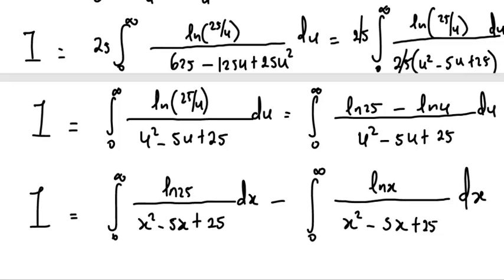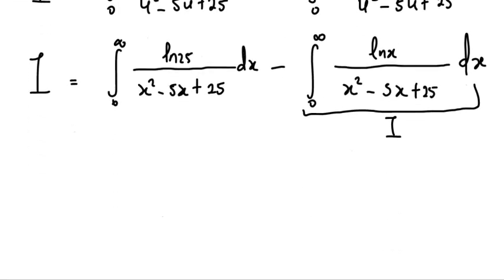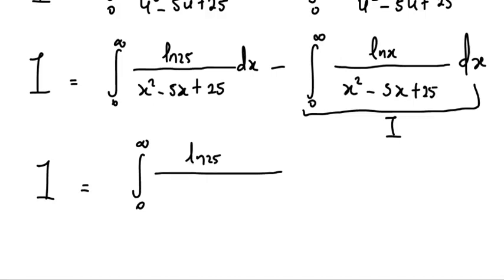But don't forget that this right over here is I, and that is exactly the integral we started with. Therefore, this integral I is equal to the integral from 0 to infinity of the natural log of 25 divided by x squared minus 5x plus 25 dx minus I.